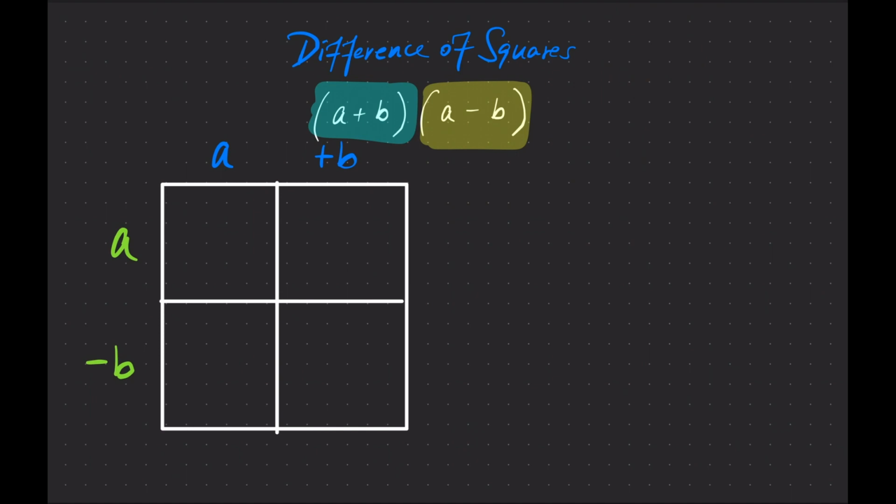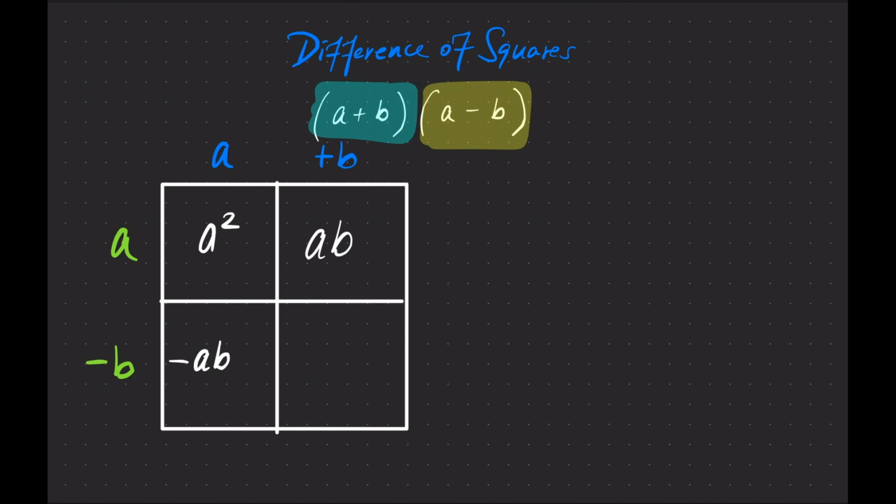So a times a, that's still a squared. Nothing changes. Now b times a, we know that's a times b. They're the same. We usually write alphabetically, so a times b. You could write b times a. That's the same. And then here we get a negative ab, just remembering that there's a negative 1 here and a 1 here, so negative 1 times 1 is negative 1 ab.